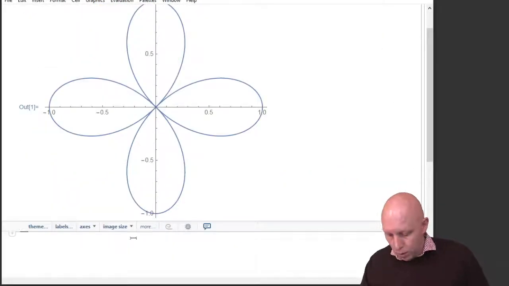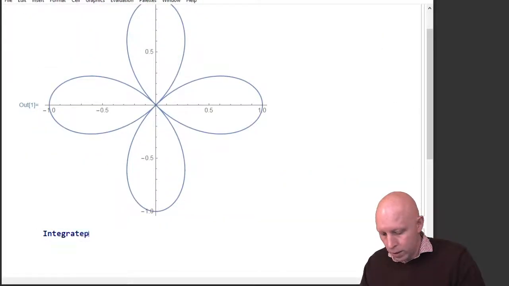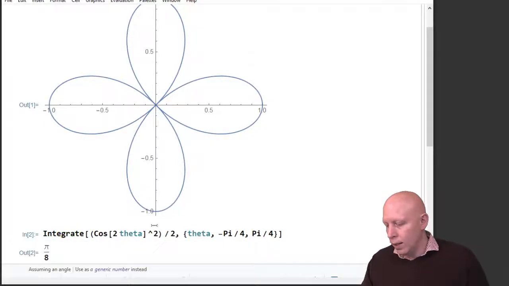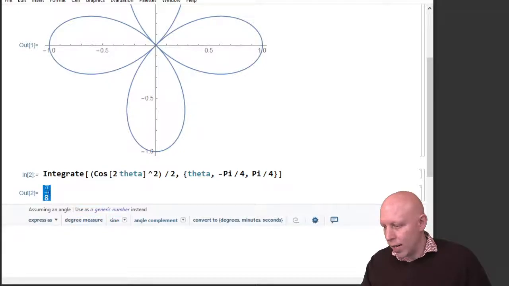What we want to do is integrate cosine of 2 theta squared divided by 2, where theta goes from negative pi over 4 to pi over 4. And we get the answer, pi over 8.